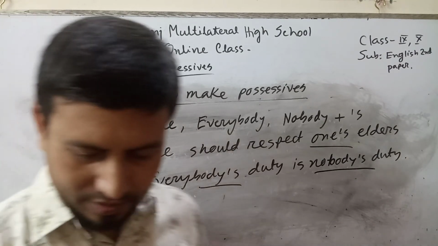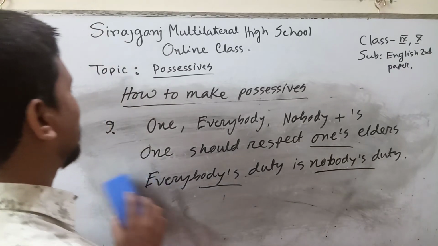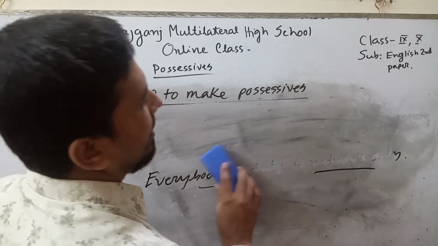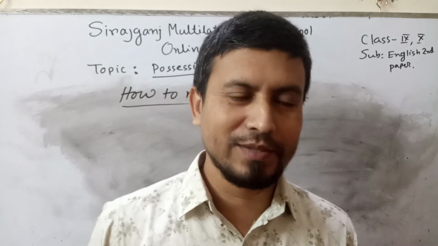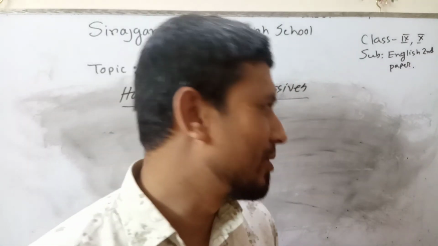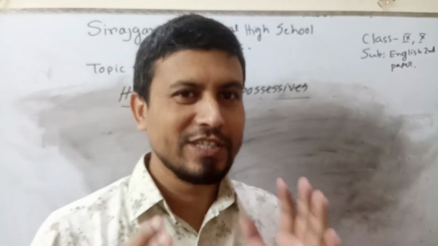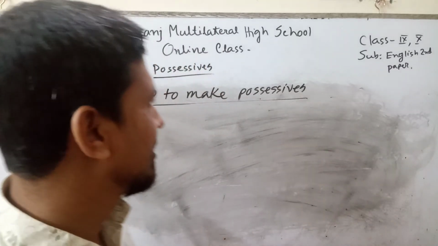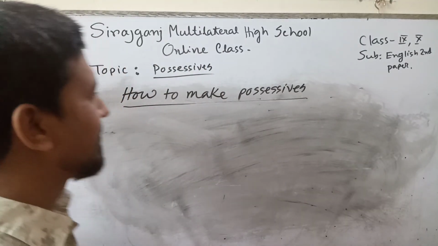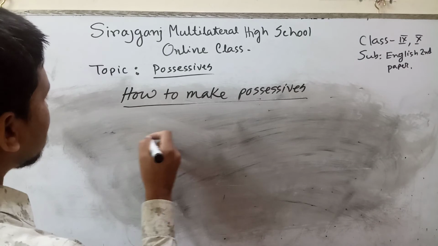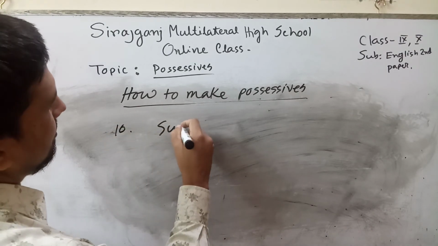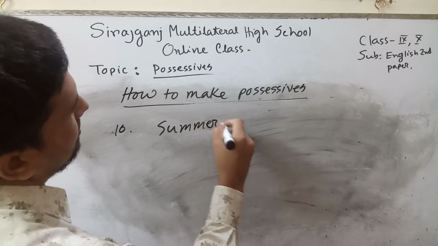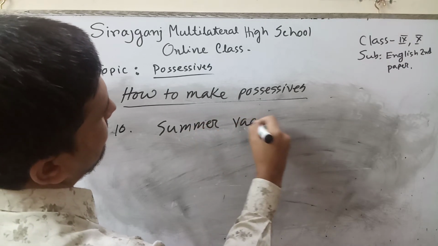So I would like to give you an exceptional example here. There are some exceptional possessives which do not take s, apostrophe s, or of. That is summer vacation.